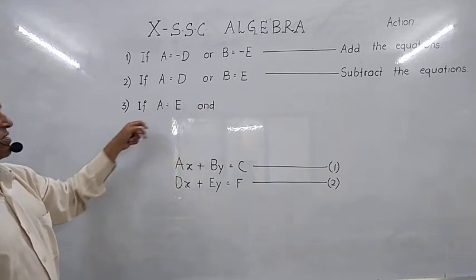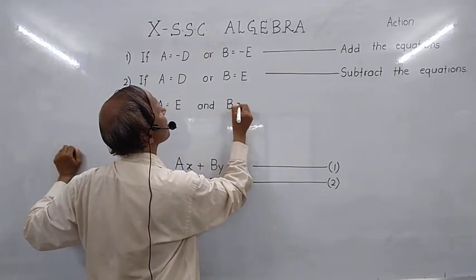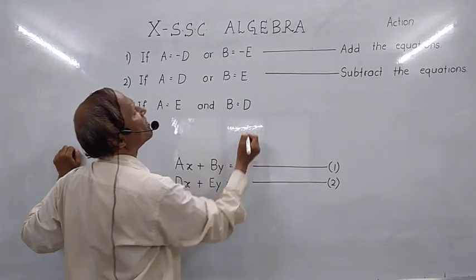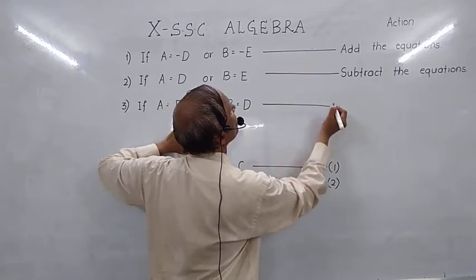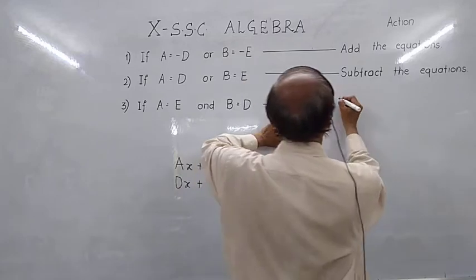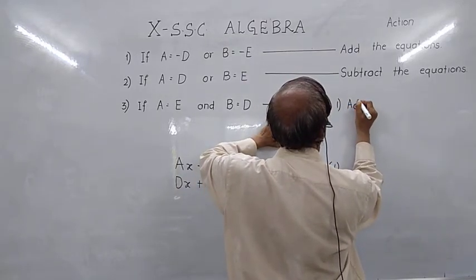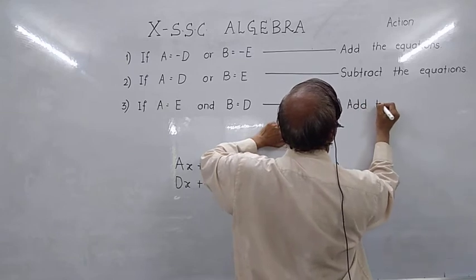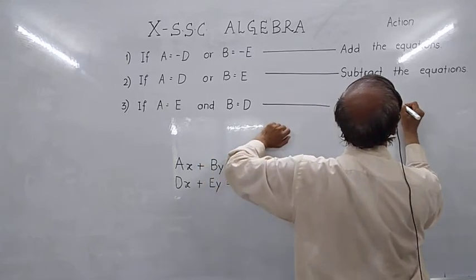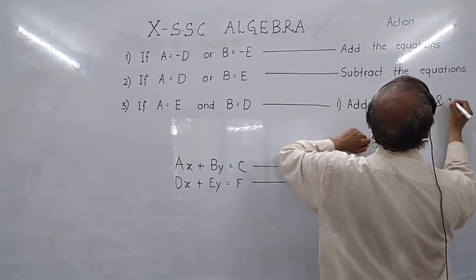If a is equal to e and b is equal to d, then what action do you have to take? You have to take three actions. Number one action is add the equations and simplify.